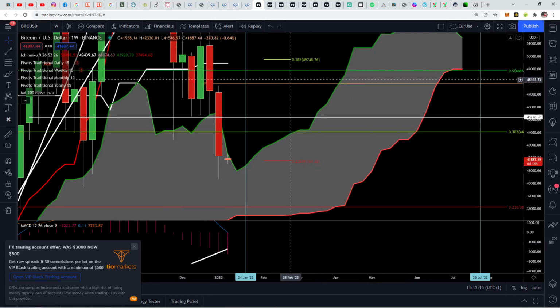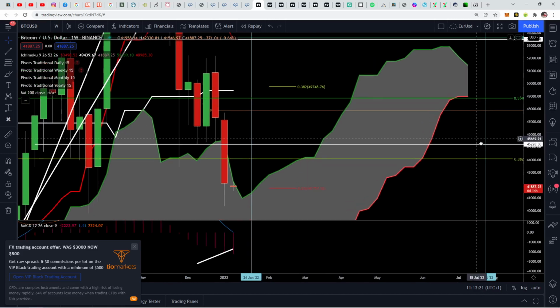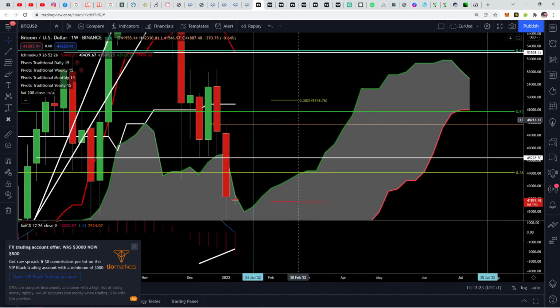So price needs to breach that and hold a close above the yearly pivot point, and that will probably accelerate a more positive momentum upward.